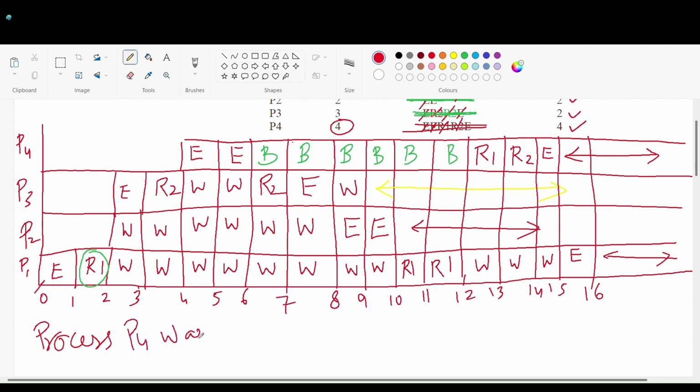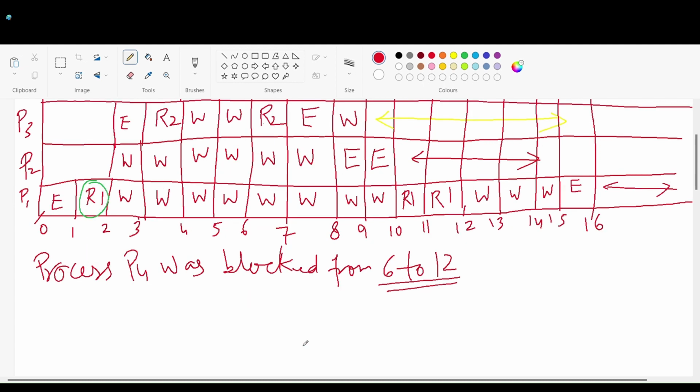You will write here: process P4 was blocked from 6 to 12. This time, 6 to 12, the process P4 was blocked.